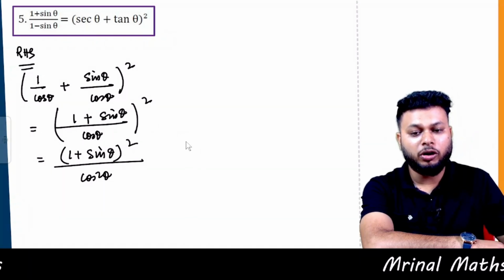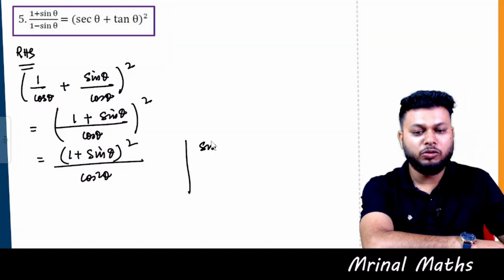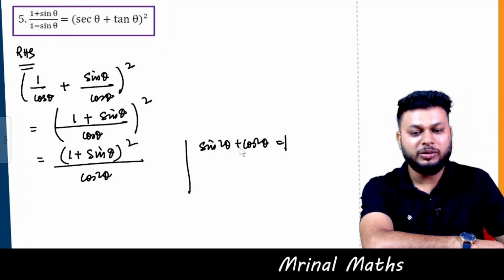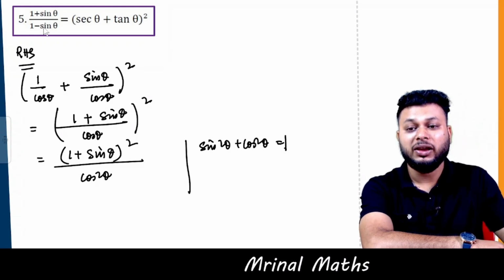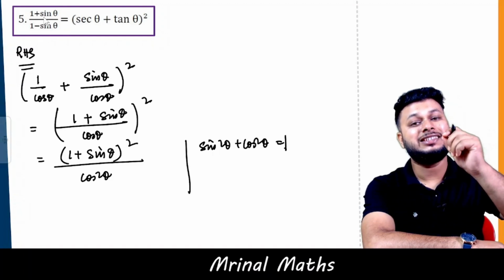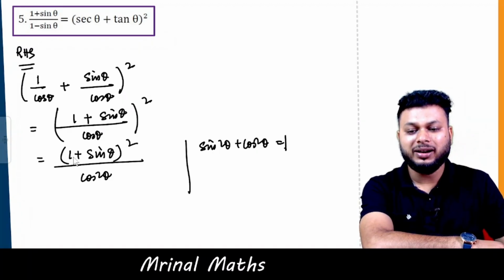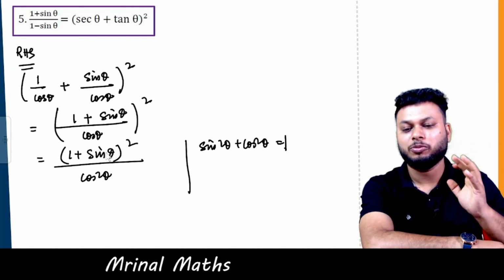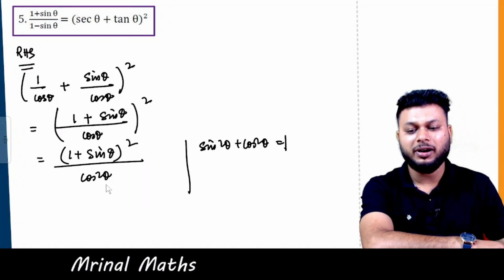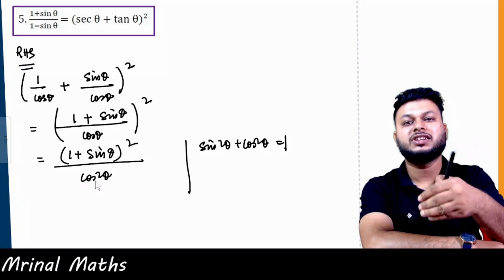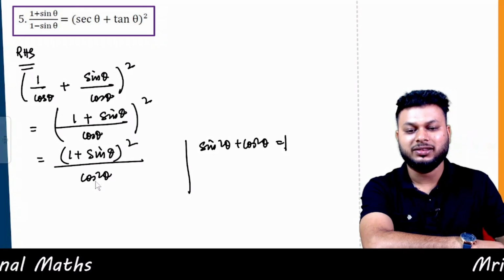Now recall your identity, you know sin² θ + cos² θ is equal to 1. So in place of cos² θ, because if you look at the left hand side, it is all in form of sin. Look at the numerator, it is already in form of sin θ, so I am quite happy with that. Look at the denominator, only this part is not in form of sin. So let me transfer this into form of sin θ.